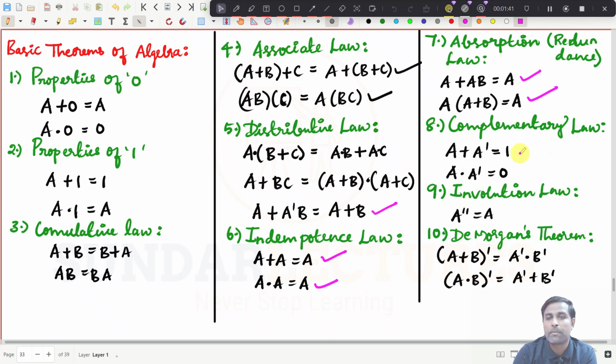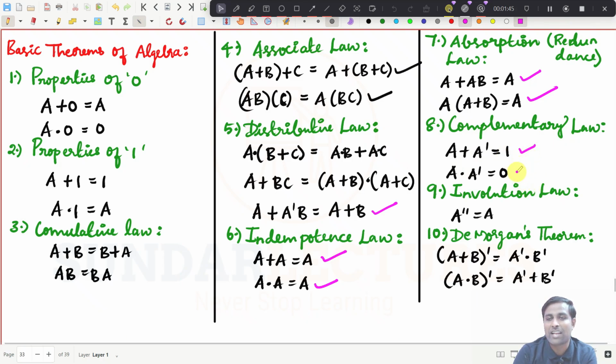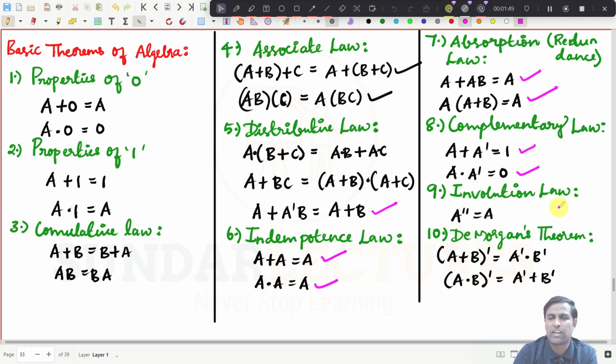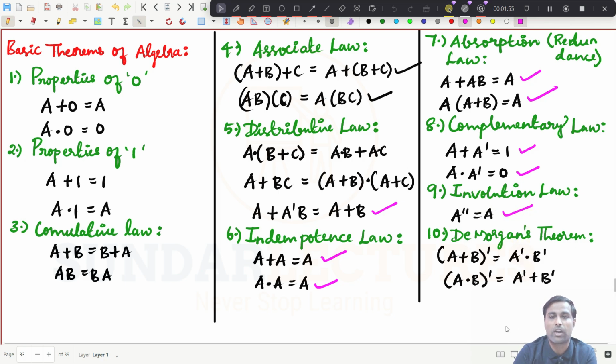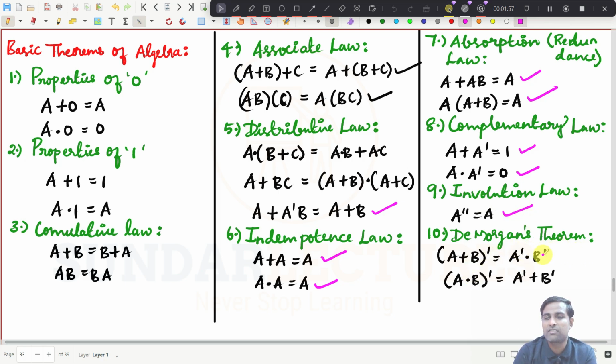And then the complementary law: this is nothing but a tautology, and this is nothing but a fallacy, we have already seen. And then in the involution law, if you take a double bar on any variable, the normal variable will remain, that is this one. And then De Morgan's theorem, this is very important. We will use De Morgan's theorem frequently in simplifying equations.